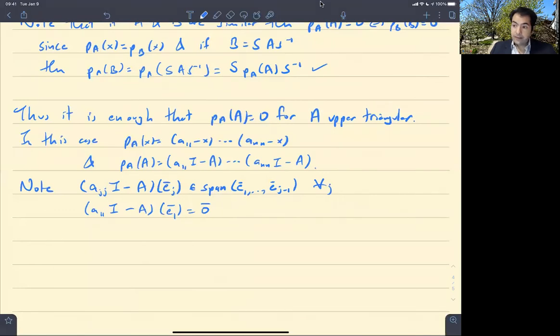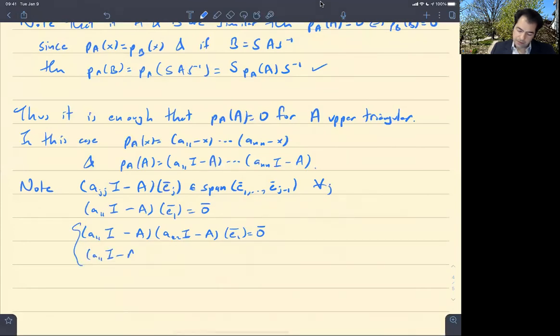Similarly, if I do A11 times the identity minus A, and then A22 times the identity minus A, then this kills E1, and it kills E2.